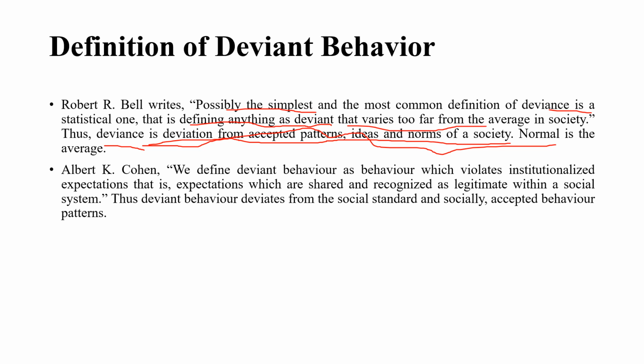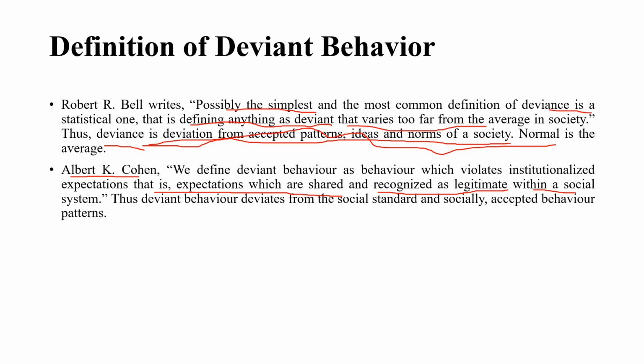Now we'll move to the next definition by Albert K. Cohen. He said, we define deviant behavior as behavior which violates institutionalized expectations, that is, expectations which are shared and recognized as legitimate within the social system.